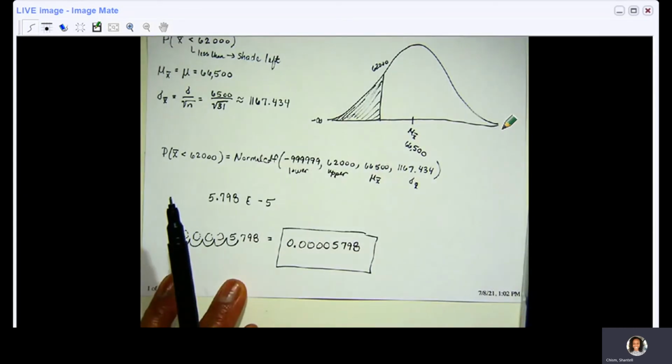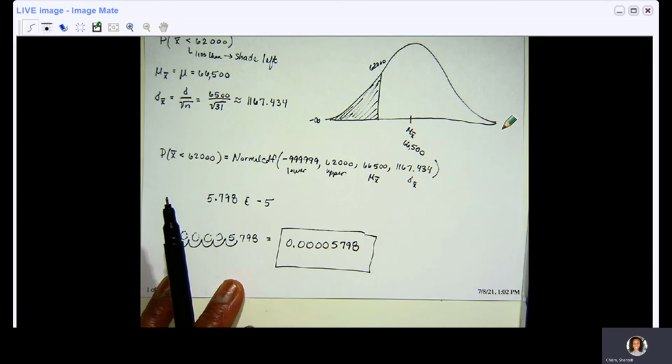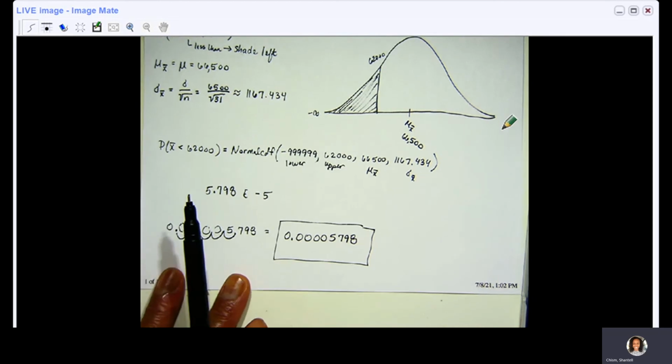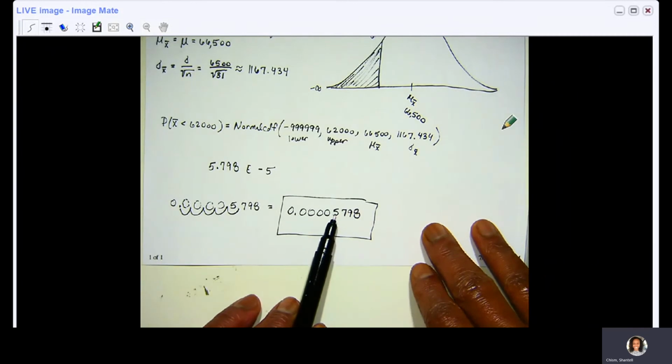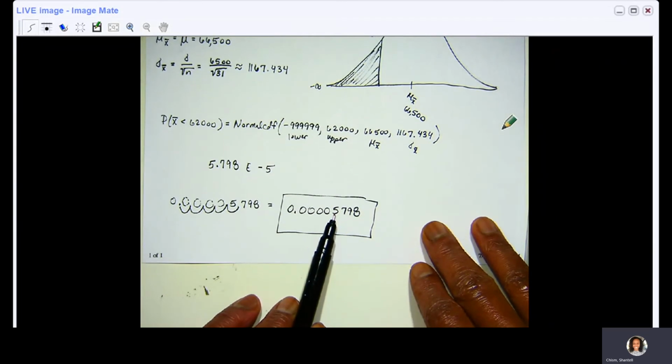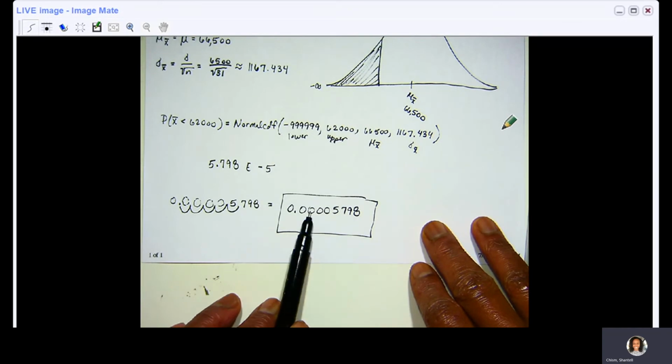Very, very small. So then it's asking us to interpret the results. Part A says about 1% of samples of 31 specialists will have a mean salary less than 62%. So they're changing these to percentages. Let me go ahead and round that off to the first significant digit. These are technically called the significant digits. Zeros are not significant.